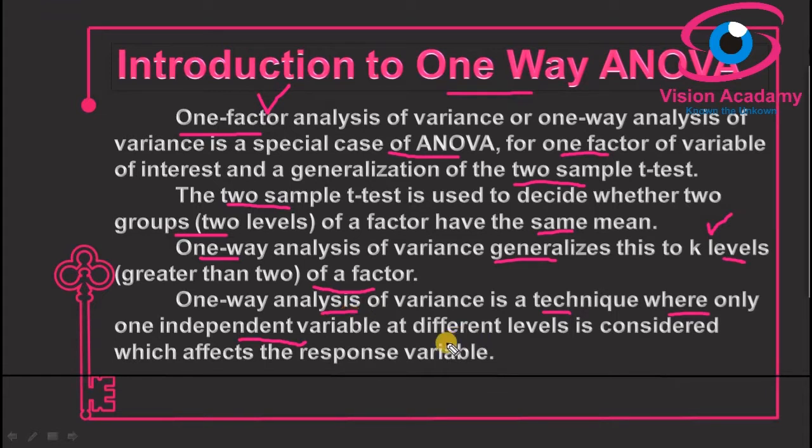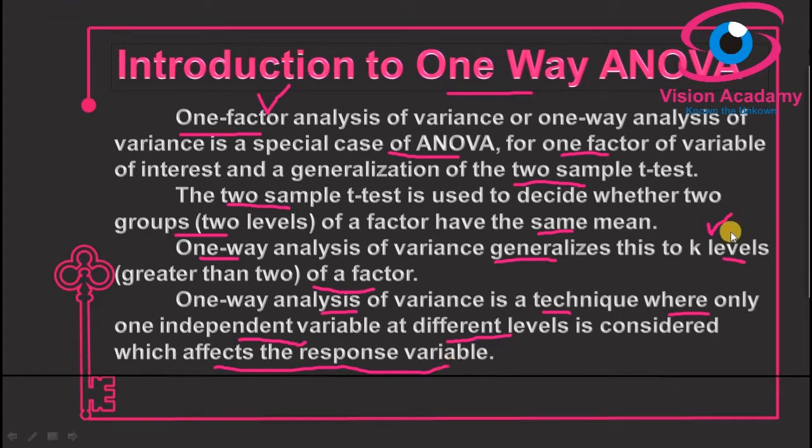One independent variable is considered at different levels, which affect the response variable, the dependent variable. So one thing is clear: if you have one independent variable, that is one factor, you must consider one-way ANOVA. We use the different levels of that independent variable, which affect the response variable. We consider several experiments in ANOVA.